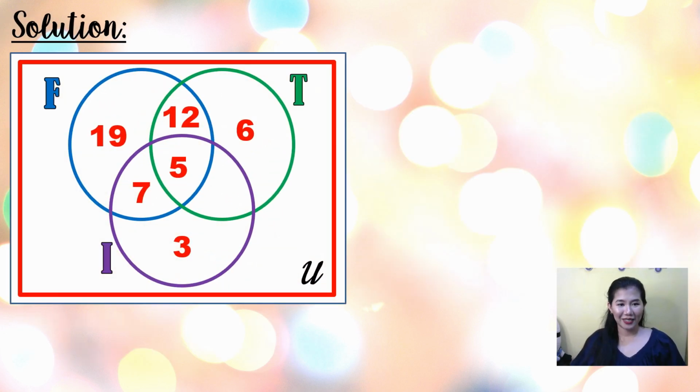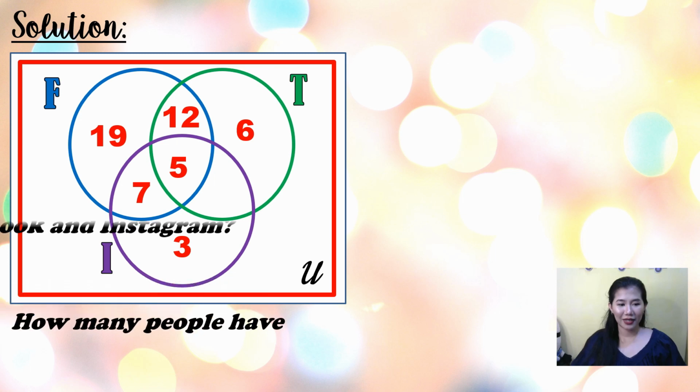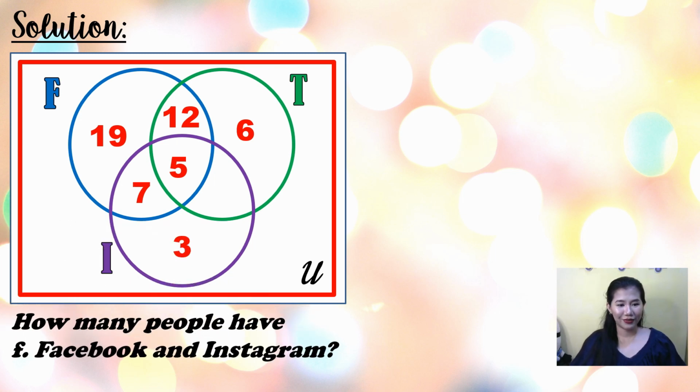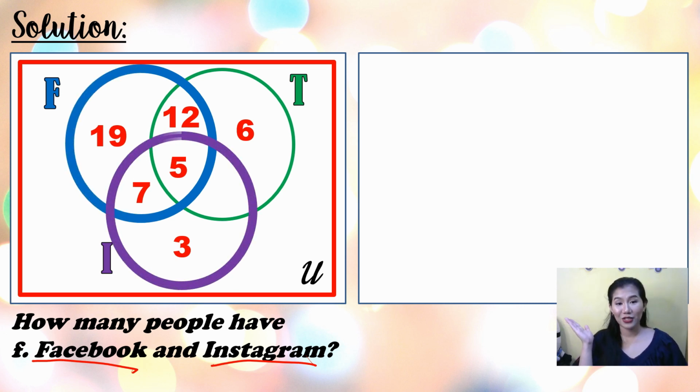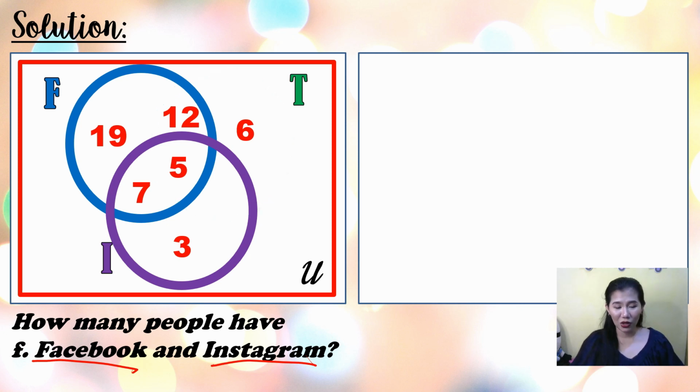Okay? So let us answer letter F. How many people have Facebook and Instagram? So to answer that, syempre, hanapin muna natin kung nasaan yung Facebook, and then hanapin natin yung Instagram. So there's your Facebook, the blue circle. And there's your Instagram, the violet circle. After natin mahanap yon, tanggalin natin yung hindi natin kailangan. So let's remove the TikTok one.